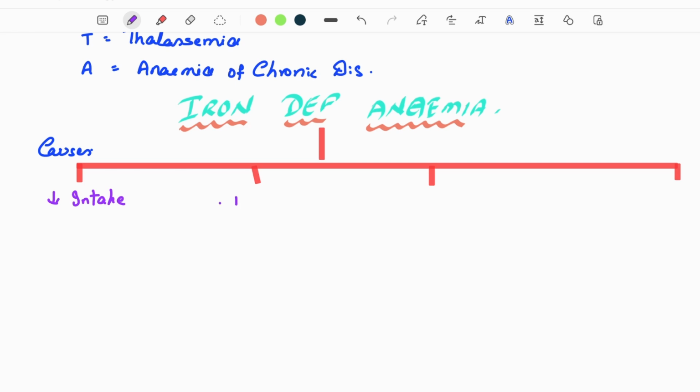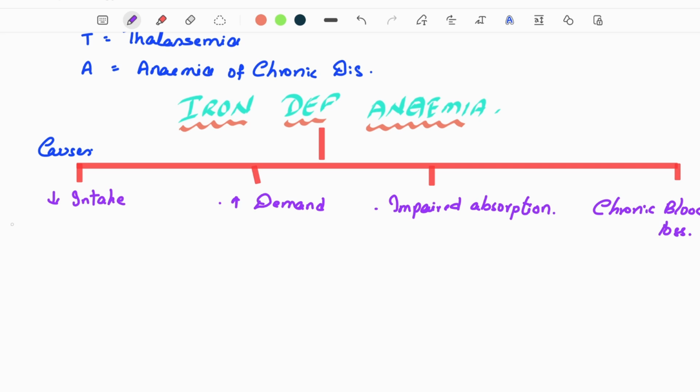Second one is increased demand. Third one is impaired absorption. And the last one is chronic blood loss. So these are the situations in which the patient may get iron deficiency anemia.